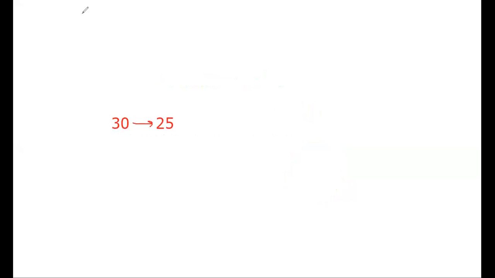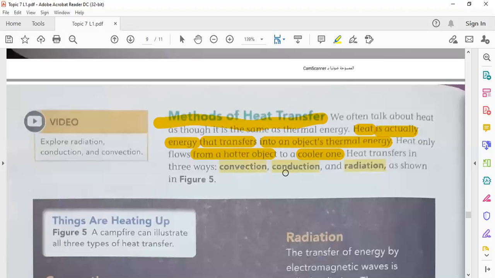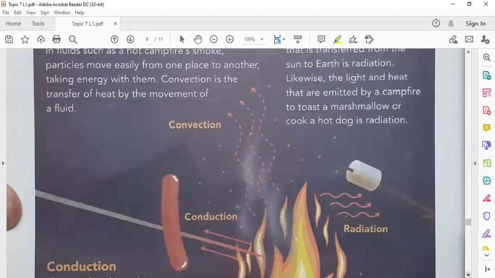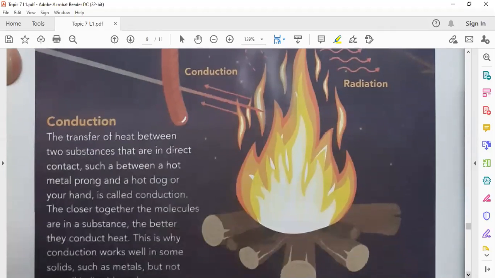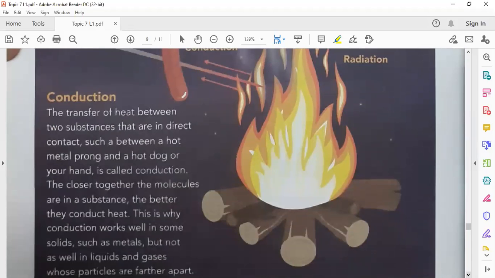Now, how does heat move? Heat can move in three ways: conduction, convection, radiation. I want to start with conduction. Conduction occurs between two objects that are in direct contact. They must be in contact with each other.